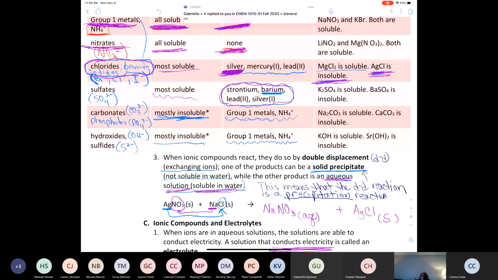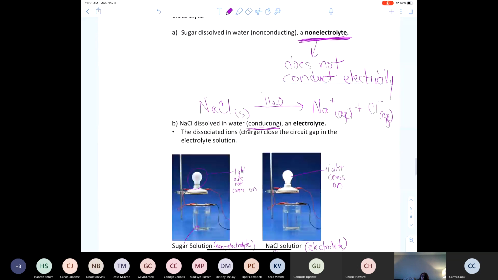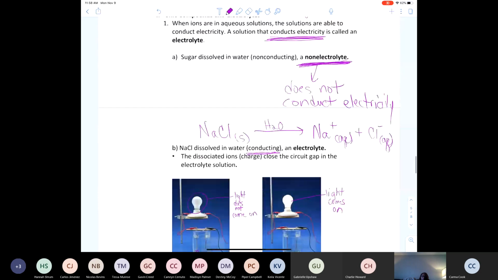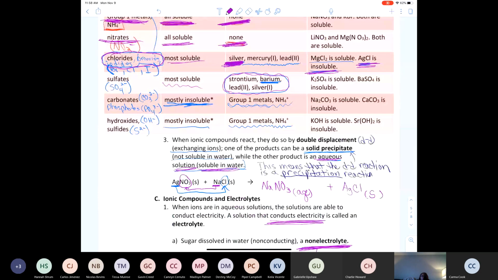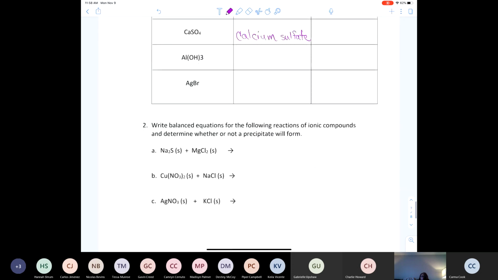So is calcium sulfate soluble in water? Yes or no? Soluble, except if paired with a certain metal or silver metal. So does calcium qualify as an exception?